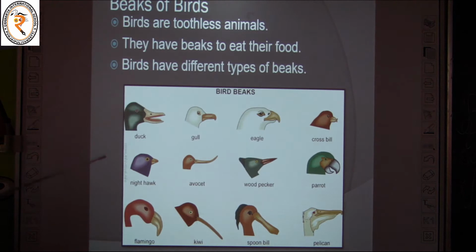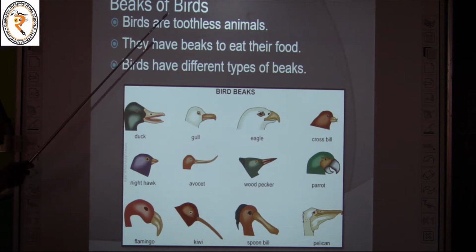We will see about the different types of beaks birds have, and how birds eat their food with the help of their beaks. Birds are toothless. They do not have teeth, children.